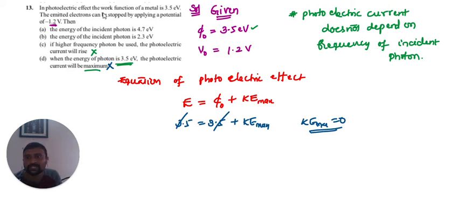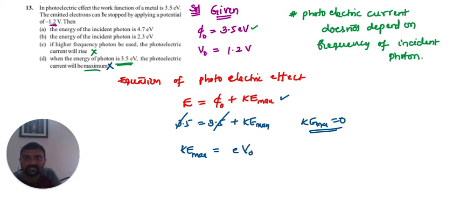So we have to check option A and option B. Here, KE max: when you apply the negative potential, the electron completely loses its kinetic energy in the form of electrostatic potential energy. So KE max can be written as the electrostatic potential energy of the applied negative potential, that is eV naught.